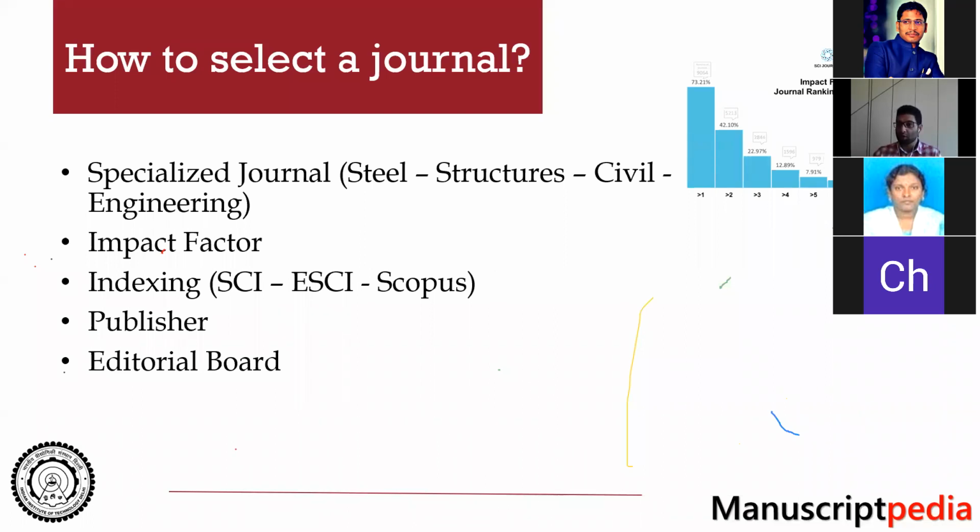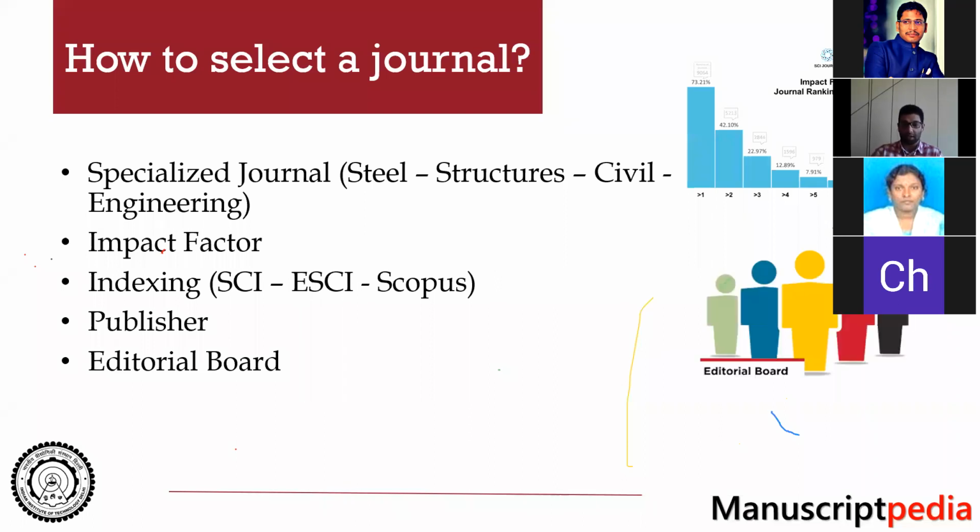That journal may altogether cease to exist. So it will be difficult for you to express to others that at that point of time the journal was good, but right now it doesn't exist anymore. The editorial board is responsible for the sustenance of the journal. So look for a good editorial board when you're looking for a journal.